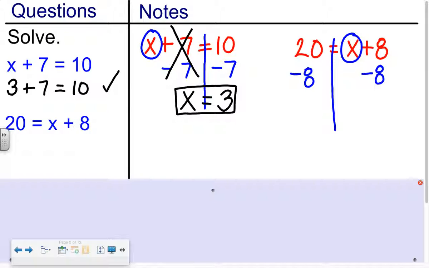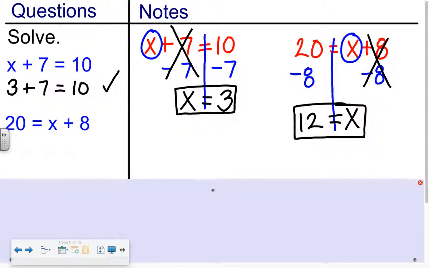That gets rid of these two 8s and gets x all by itself. 20 minus 8 is 12. I am done. And again, I can check my answer. 20 equals, instead of x, I'm going to put that 12. 12 plus 8, yep, 20 equals 20.